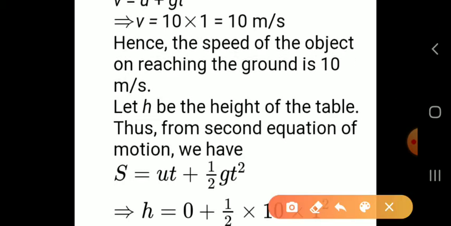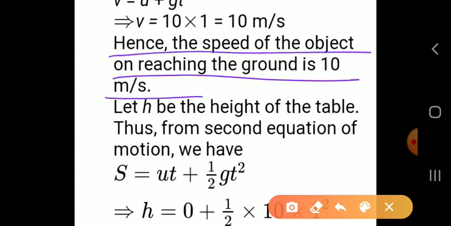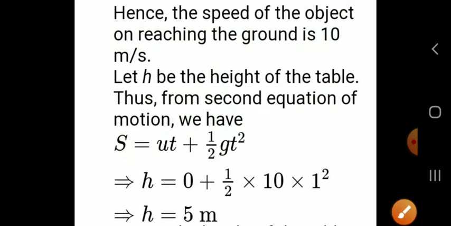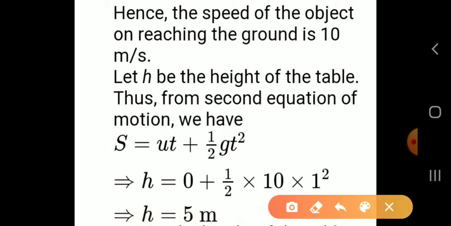Children, hence the speed of the object on reaching the ground is 10 meter per second. Let h be the height of the table. So from the second equation of motion we have s is equal to ut plus half gt square. Now children, see here, h is the height.